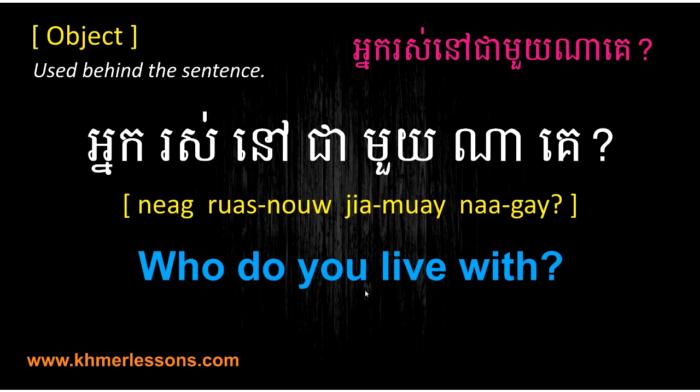Even though you use it at the beginning of the sentence in English, in Khmer you have to use it behind the sentence. The meaning is like who do you live with, or I can say you live with who, or you live with whom. But right now you don't really use whom anymore, so you always use who.